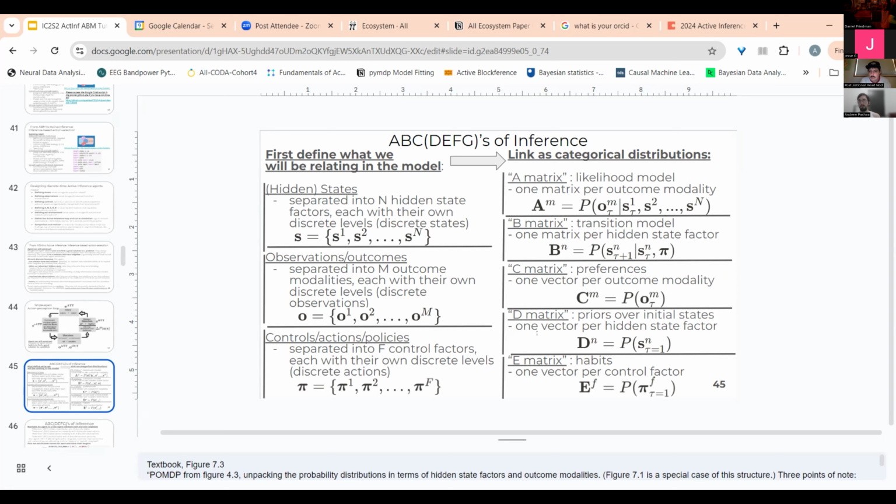Then through inference, we'll end up with a state belief, a posterior that might differ from D, or it might be exactly the same, in which case that means the agent just reconfirmed its own belief again. And E is just your priors over actions. So what are you most likely to do regardless of anything? That's why they're also known as habits.